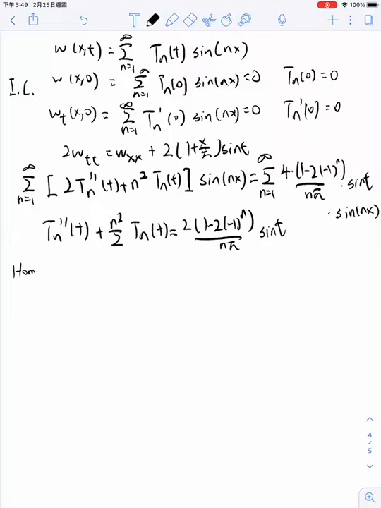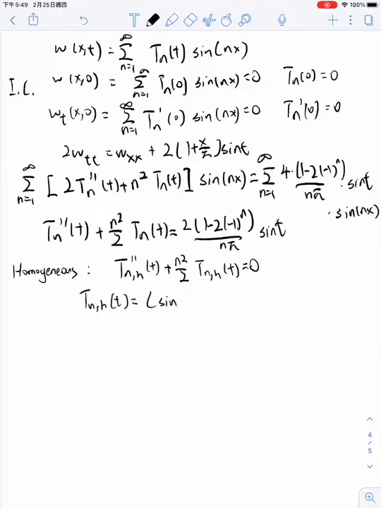First is the homogeneous solution. The general solution for this equation is obvious, that is, again, a combination of sine and cosine functions.